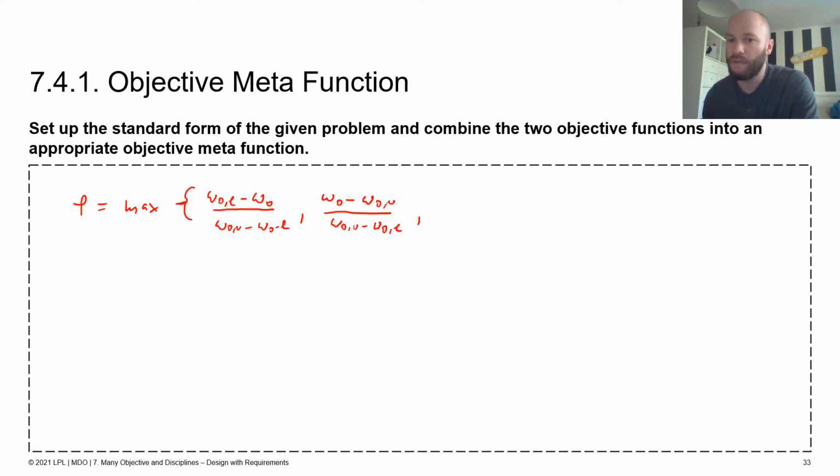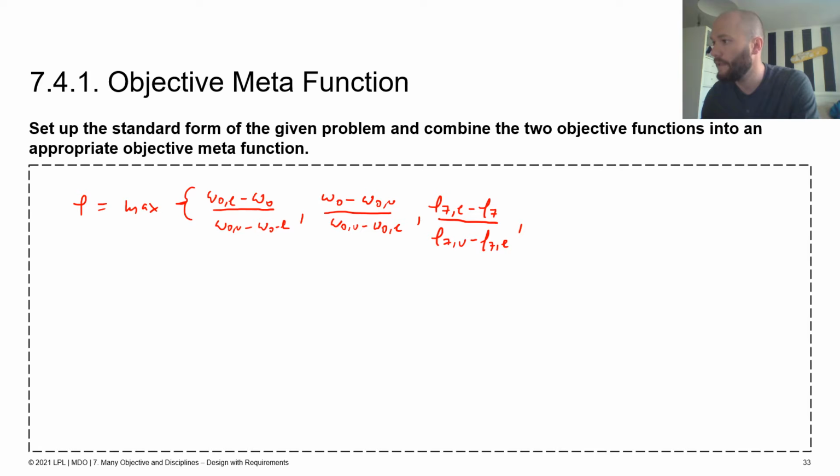And we do the same with respect to the angle and the lateral acceleration. So once again, two-sided, so it's the same as before. And again, normalized with respect to the upper and lower bounds.